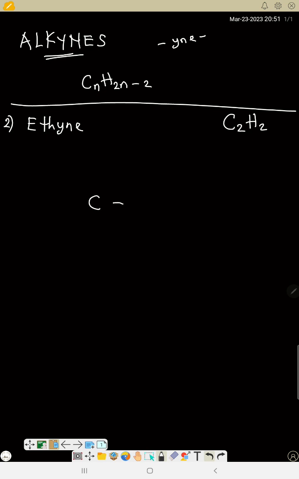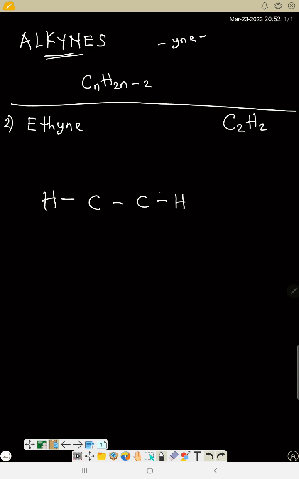I have 2 carbons, and remember, each carbon must have 4 bonds. But now I have 2 hydrogens: 1 hydrogen here, another 1 hydrogen here. The bond for hydrogen here is 1, the bond for hydrogen here is also 1.